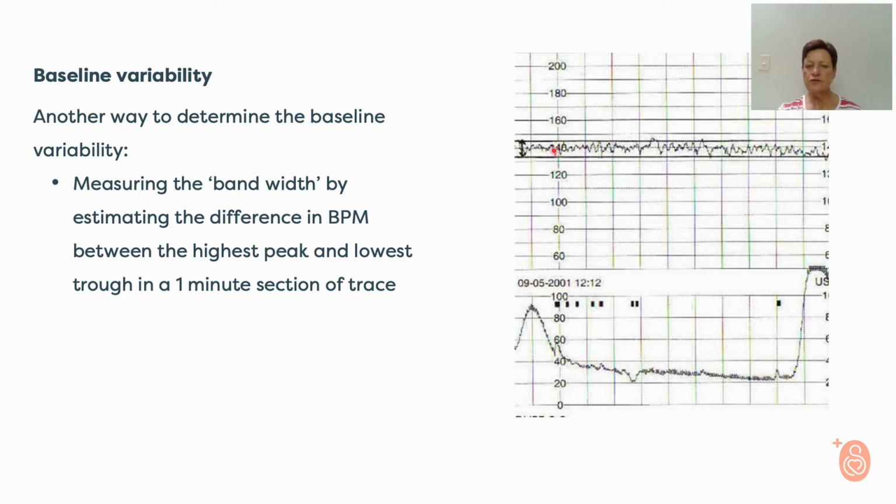There's 140, so it's just above 140 beats per minute. So the variability is more or less 10 beats per minute. To me this makes it so much easier and simpler to determine the variability. That's usually when students struggle to determine the variability, and that's how I teach them to do it.